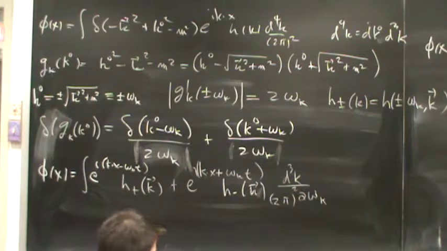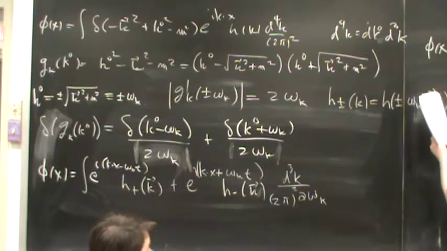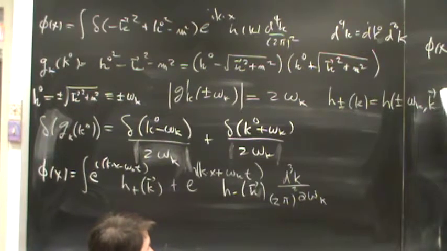Now, let's recall that this basically is writing a real function phi of x as a Fourier transform. And in that case, what we know is that since it's real, h minus of minus k is equal to h plus of k complex conjugate.